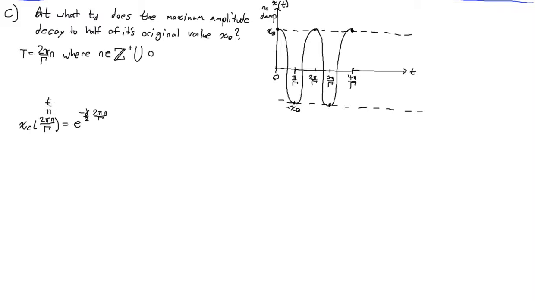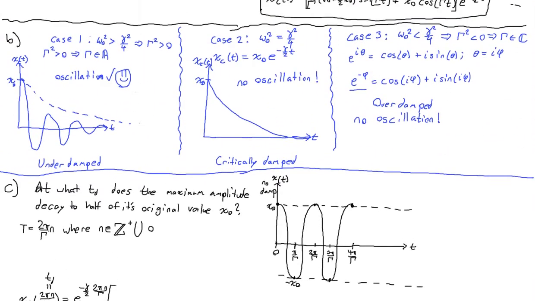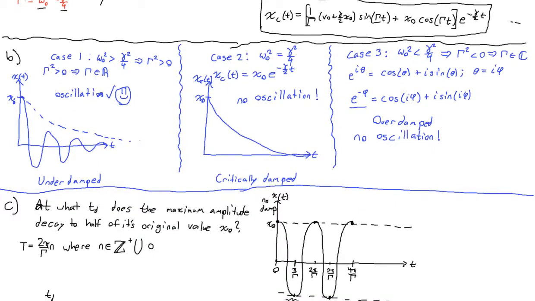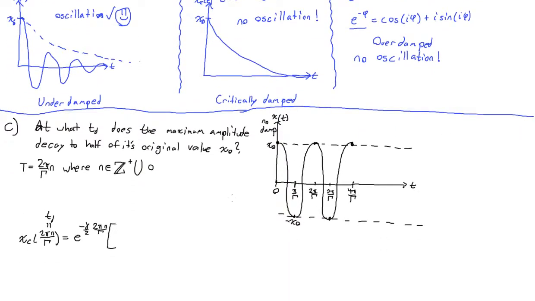By the way, this is our time t sub d. And then times, well, let me come back because I forgot my constants that were up here. So 1 over gamma times the quantity v naught plus gamma over 2 x naught.